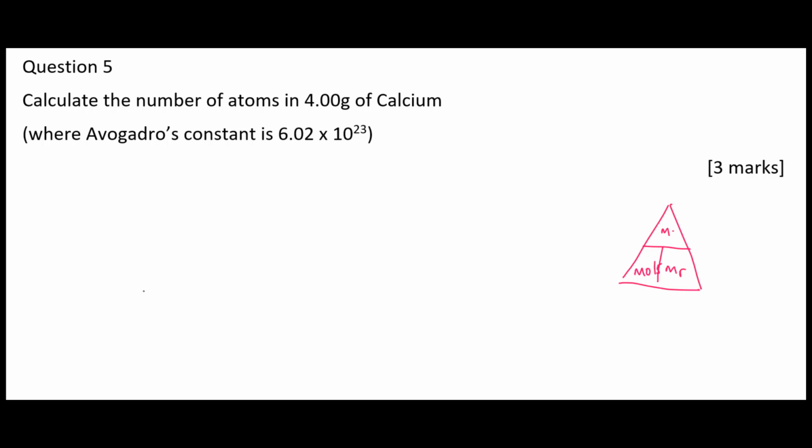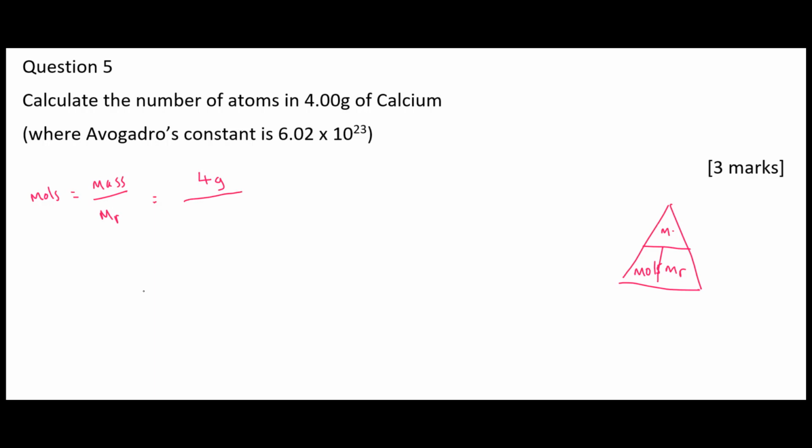So let's first of all work out the moles of calcium. So remember that moles is equal to mass over the mR. And if you are struggling with this, I've done a video on mass, mR and moles. But the mass of calcium is 4 grams.